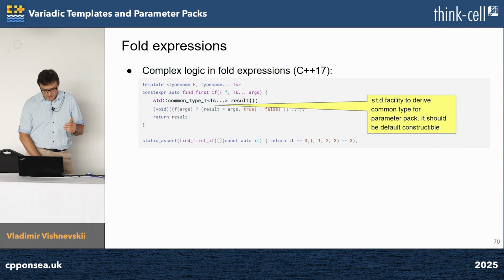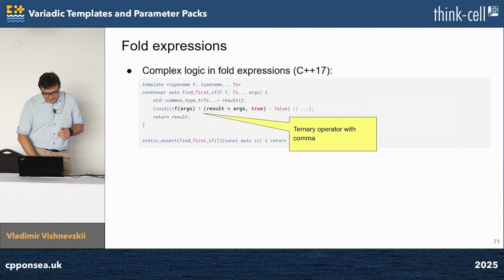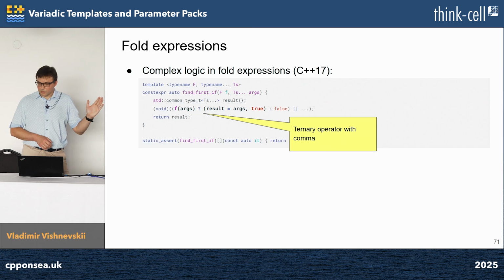So we will have one default initialized. It also should be default initializable in this implementation, and then inside the fold expression there will be a complex expression where the ternary operator will be used.